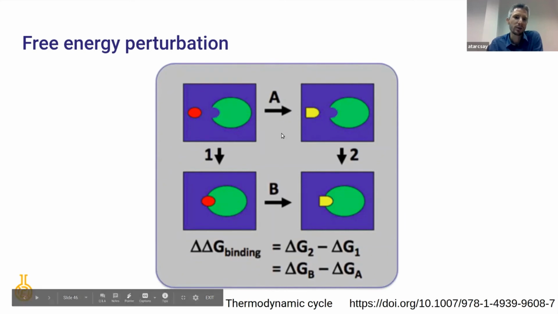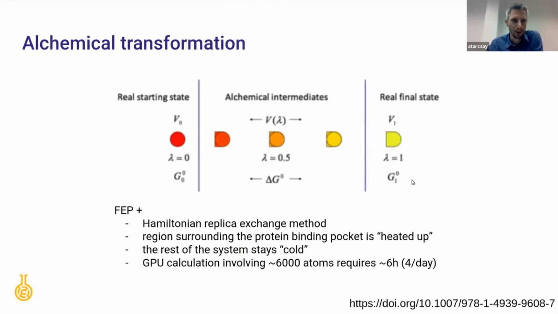So how is this done? There is an alchemical transformation, where from the real starting state the system goes through a series of non-physical states that is controlled by this lambda value, how much of the change is introduced to the system. The whole system is simulated with molecular dynamics.